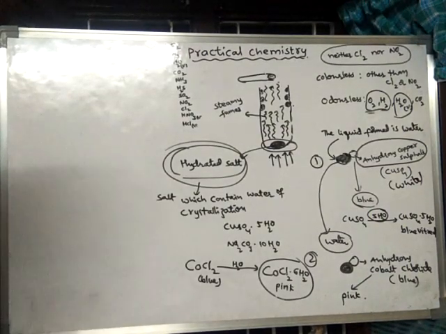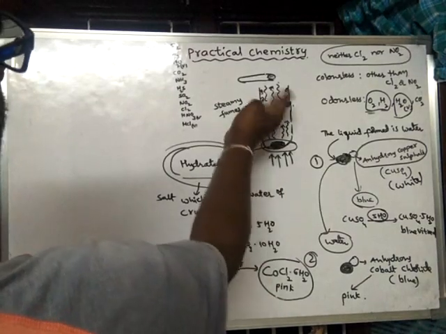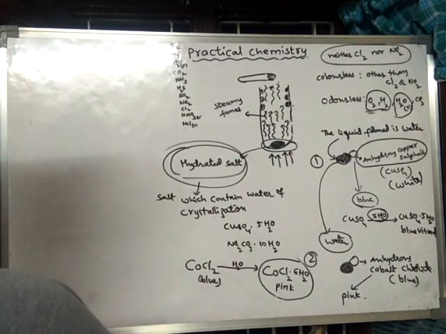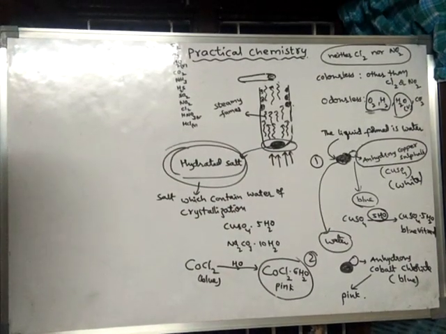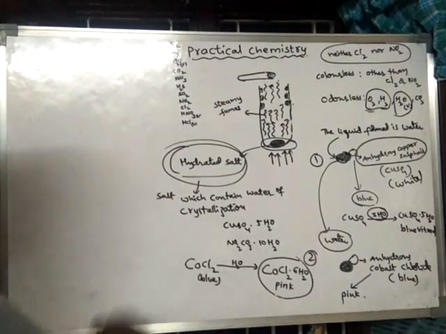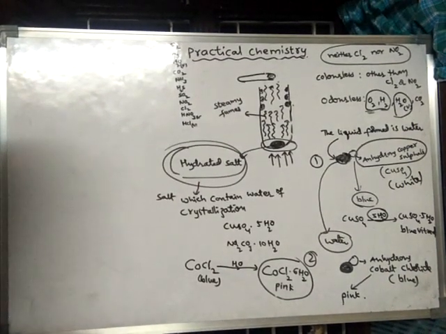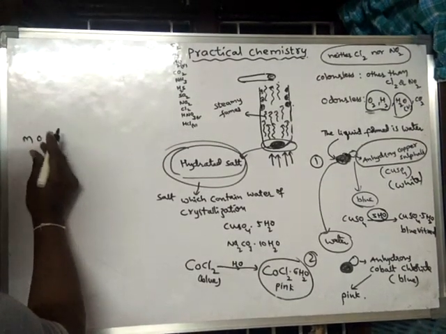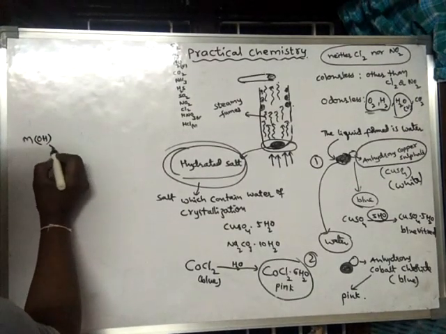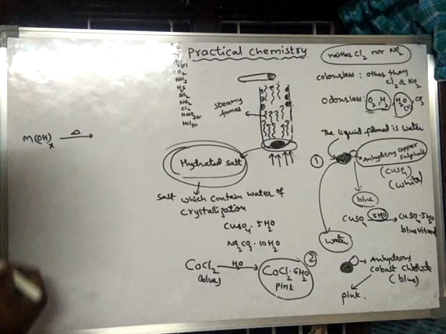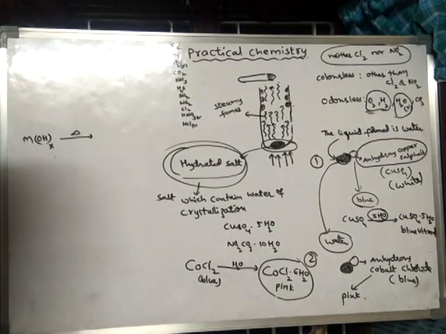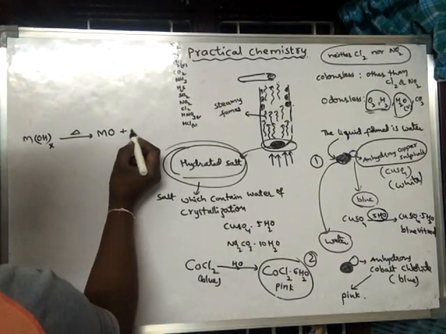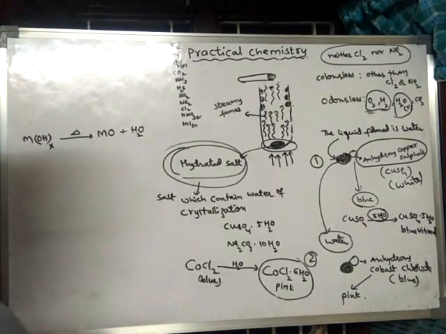Right. Now, look here. This gas or this water vapor can be obtained in several ways. Hydrated salts when heated will give water vapor, or when metal hydroxides are heated, they liberate water by forming metal oxides and water.